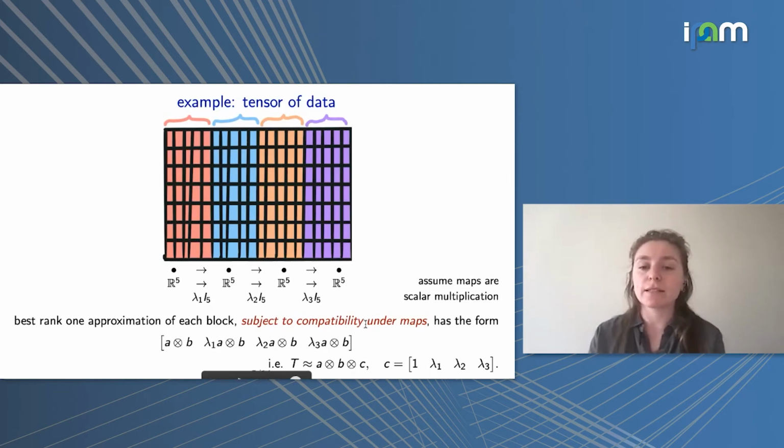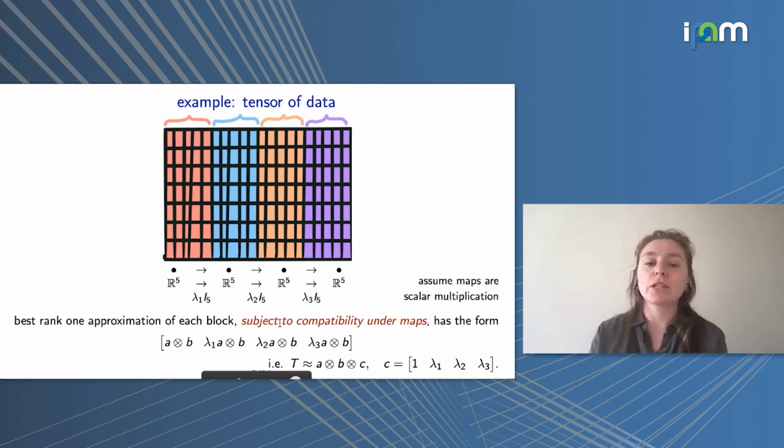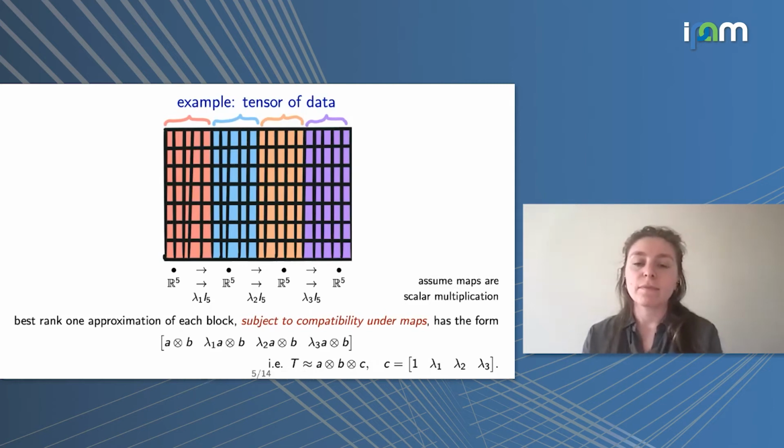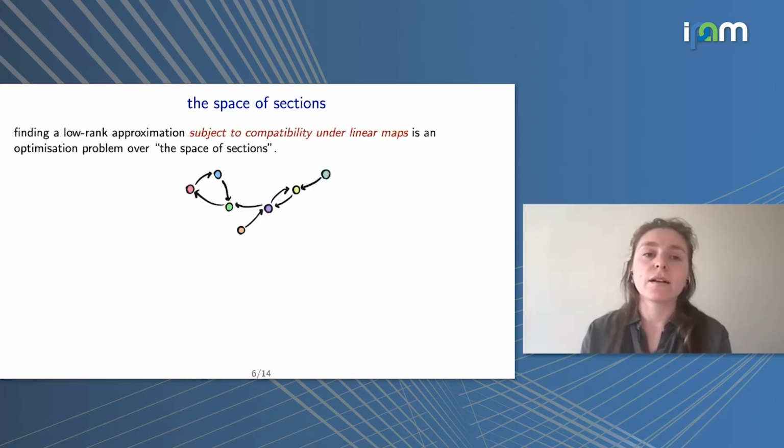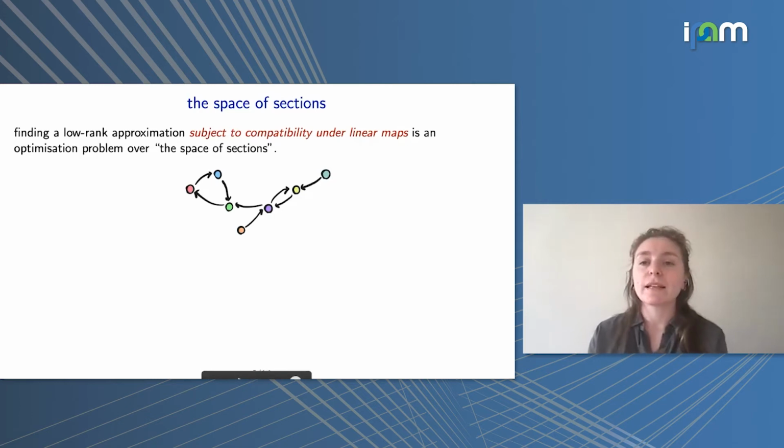And it's this part that I'd like to talk more about now, this idea of looking at low rank structure that's compatible under these prescribed linear maps. Okay, and finding a low rank approximation subject to compatibility under linear maps is an optimization problem over the space of sections of the quiver representation.